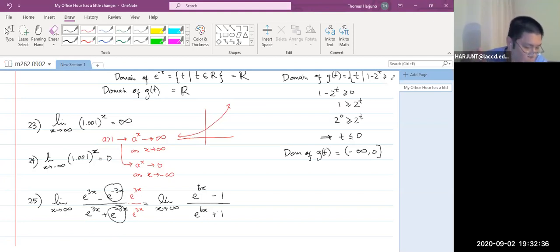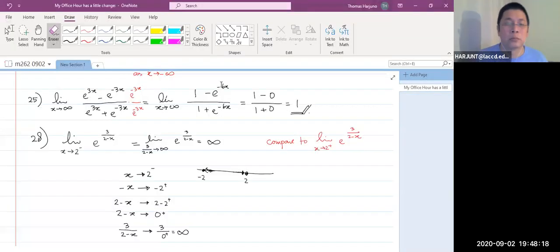But how do we go on from this step to that step? Anybody? So instead of multiplying the top and the bottom by e to the 3x, we multiply by e to the negative 3x.